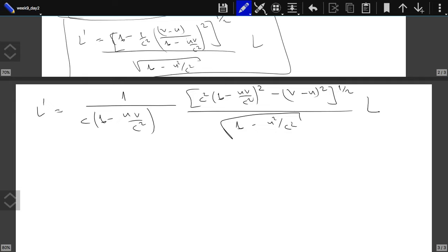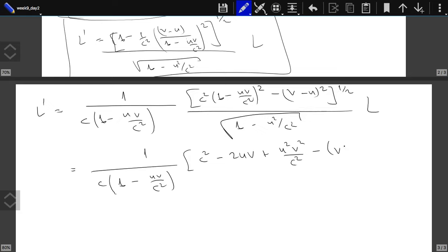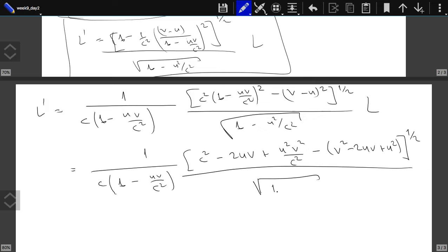Let me open that parentheses and see if there are any simplifications. This will be 1 over c, 1 minus uv over c squared. I have c squared minus twice uv, plus u squared v squared over c squared, minus v squared minus 2uv plus u squared, to the power 1/2, divided by the square root of 1 minus u squared over c squared.